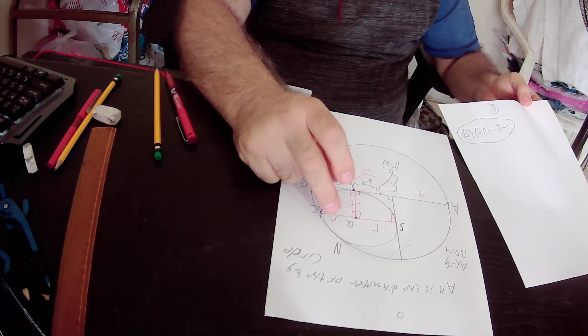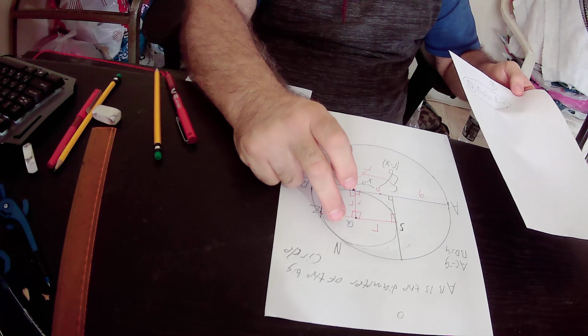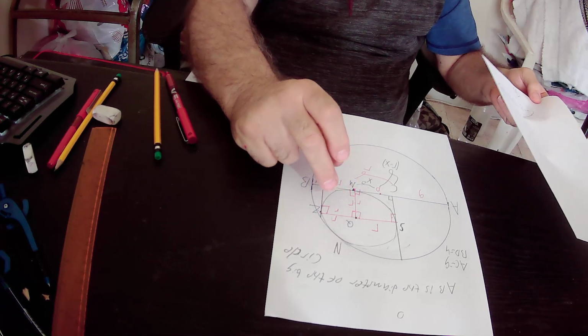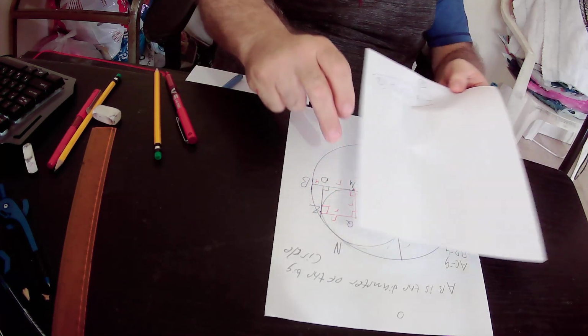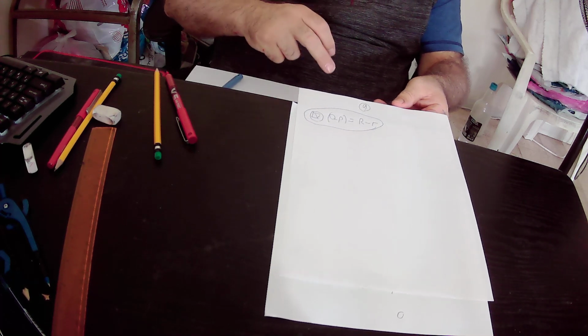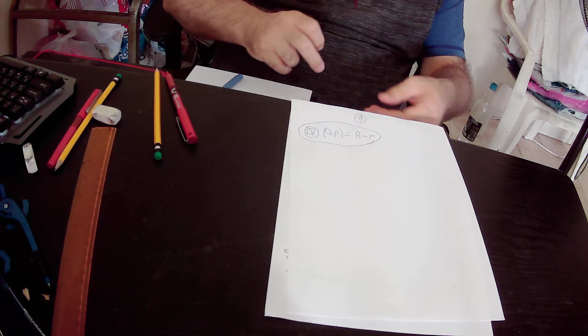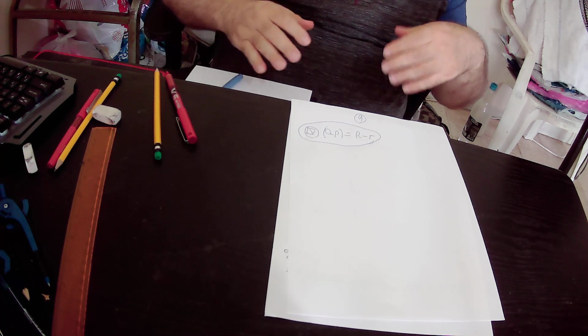Therefore we can implement rule number 1, which states that the distance between their centers, QP, equals the difference between the lengths of their radiuses, capital R minus small r, or QP equals capital R minus small r.